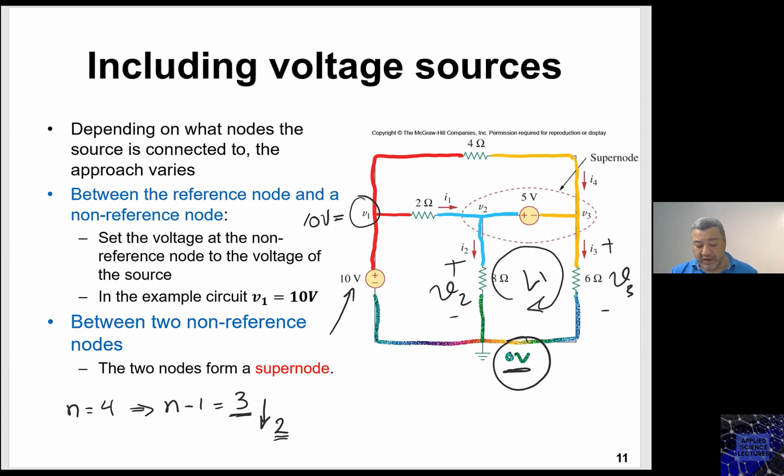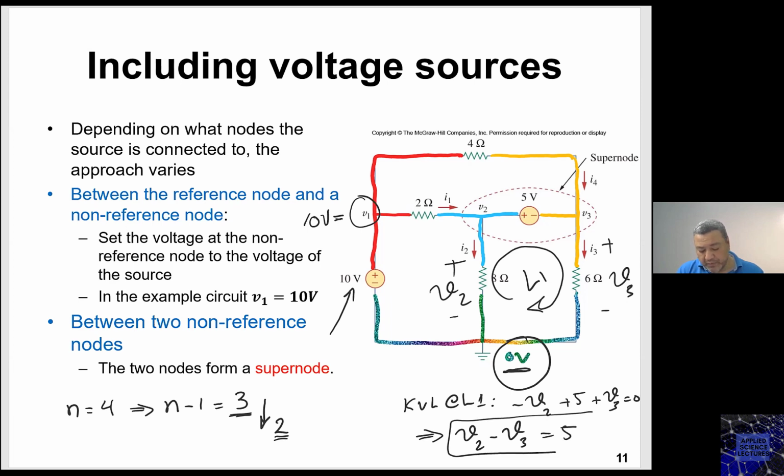If you write the KVL for this loop, you will see that it's entering V2, plus 5 because it's entering the positive terminal, plus V3 equals 0. And if you move V2 and V3 to the other side, you will find that V2 minus V3 is 5.